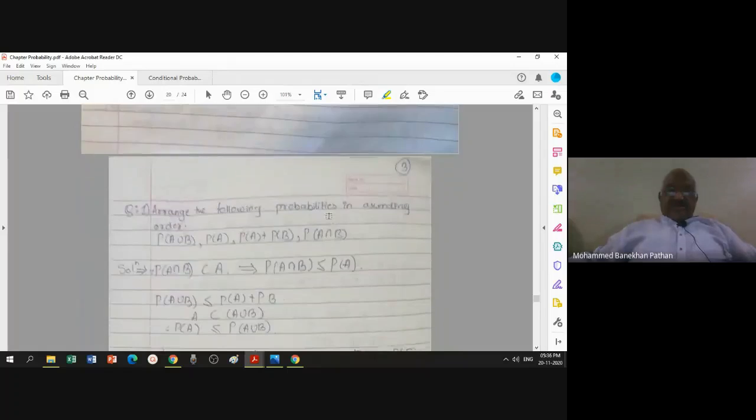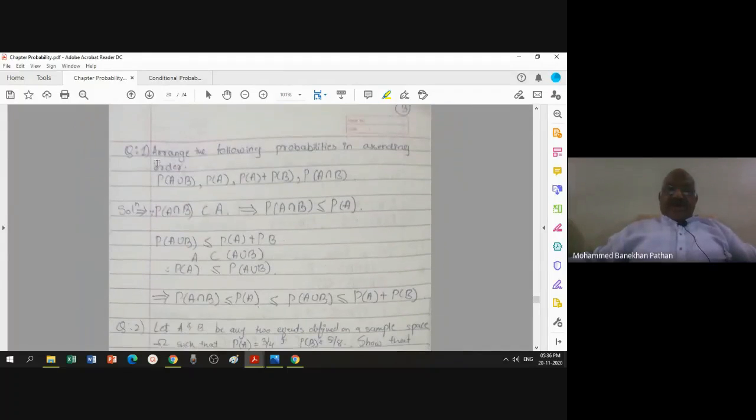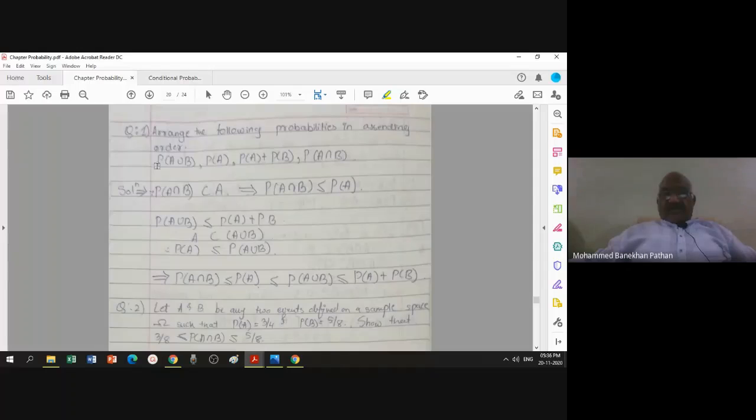Let us proceed ahead. Arrange the following probabilities in ascending order. Probability of A union B, probability of A, probability of A plus probability of B, probability of intersection. Now, how to solve such a question?